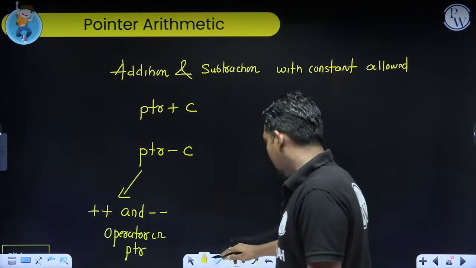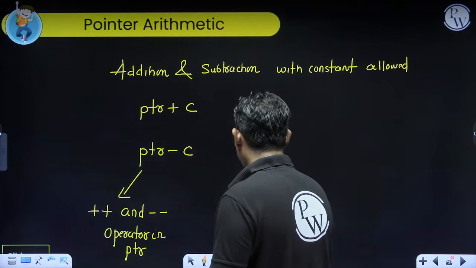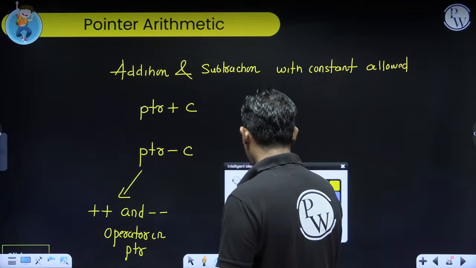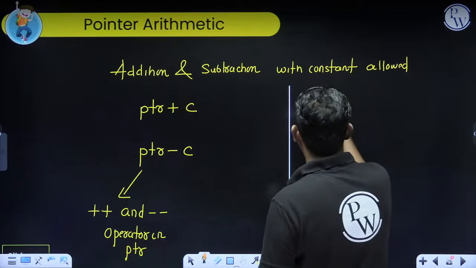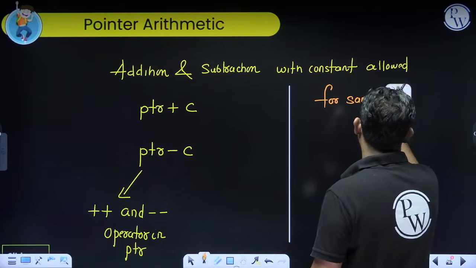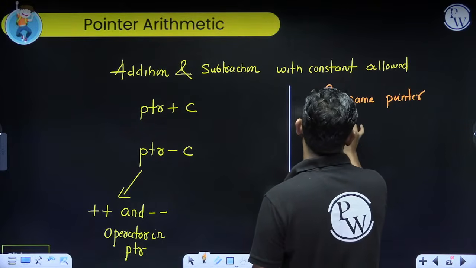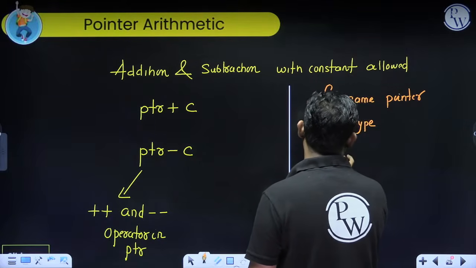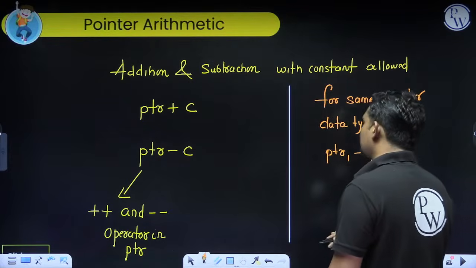Now, if the pointers are compatible with each other, of the same pointer data type, then you can also subtract two pointers: ptr1 minus ptr2, this subtraction can also be done.